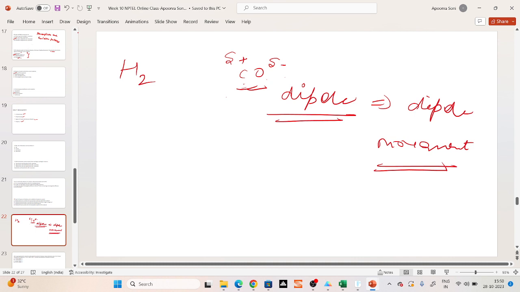Think, how is it possible? Okay. Whether it will have a partial negative charge or a partial positive charge depends on the number of electrons that it has in the valence shell.